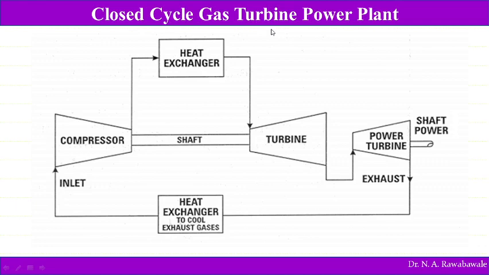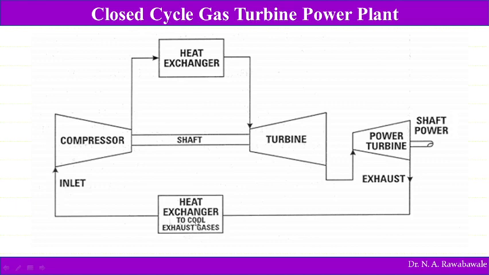Somewhere fuel is burned and the heat produced is brought to the heat exchanger, and the hot gases exchange heat with this gas in the heat exchanger, and these gases are again passed into the turbine and expanded. In the high pressure turbine, then again these gases are passed into the low pressure turbine, and then after passing from the low pressure turbine, the gases are brought into the heat exchanger, where heat is rejected.